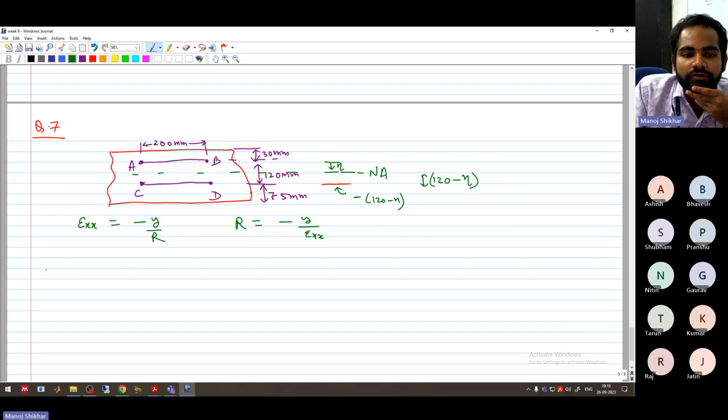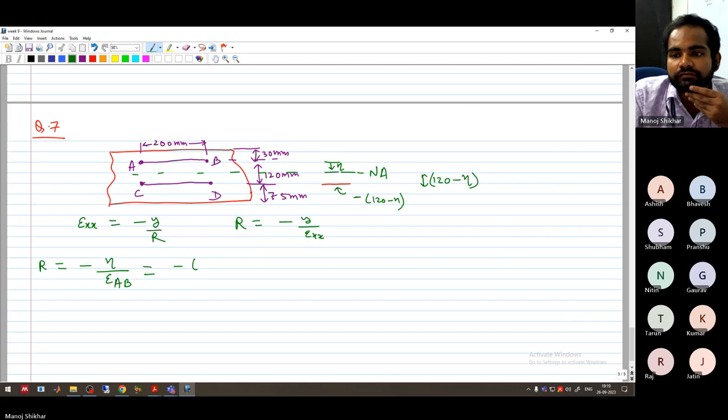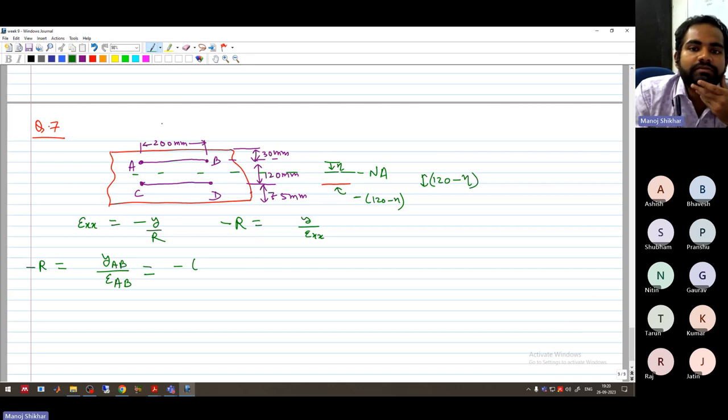So R will be equal to minus eta upon epsilon xx, that is epsilon AB, equal to minus R. So minus R will be Y AB upon epsilon AB equal to Y CD upon epsilon CD.